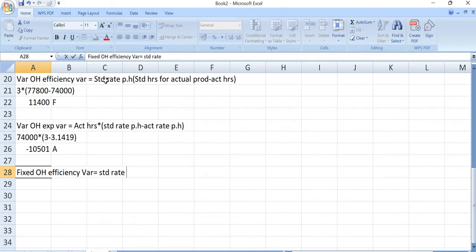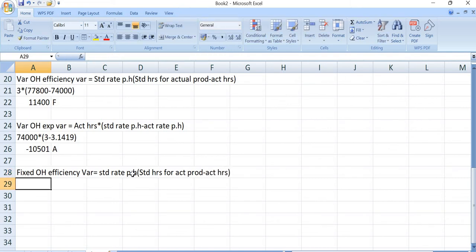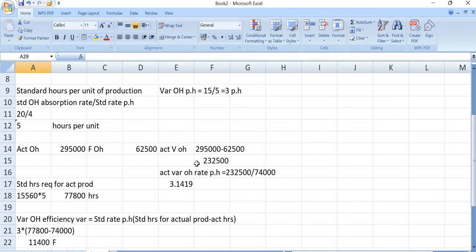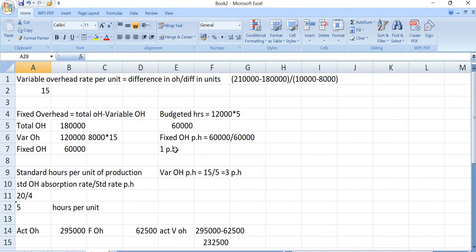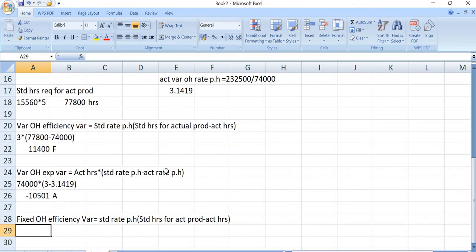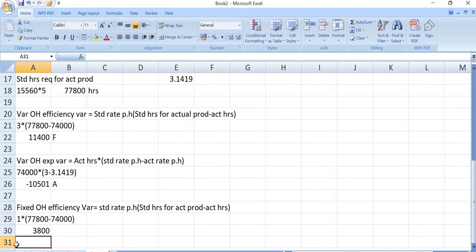So standard rate per hour into standard hours for actual production minus actual hours. The only thing changing here is I want to consider a fixed rate per hour. So here we already calculated it is 1. So 1 into standard hours for actual production is 77,800 and actual hours is 74,000. So 3,800 favorable.